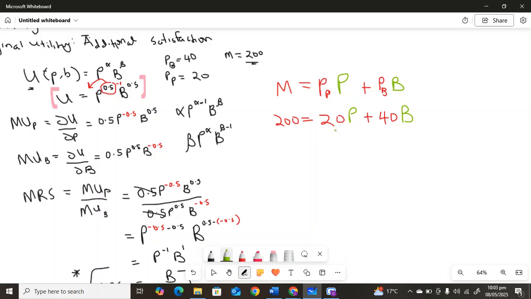We want to get the slope. Okay. So the slope is this negative P over PB. Okay. Why is a negative slope? Because the line is downward sloping.